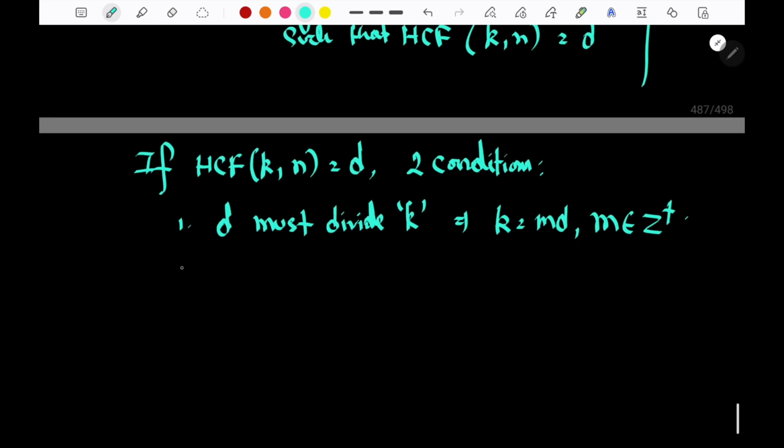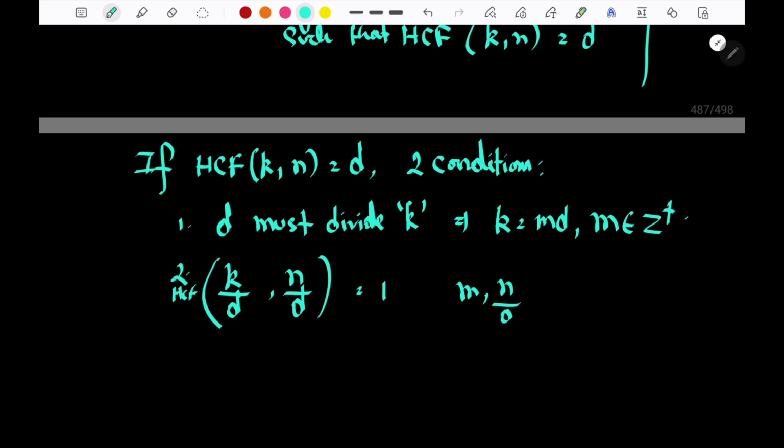True. Second, HCF of k by d and n by d must be 1. What is k by d? K by d is m. So m comma n by d must be co-prime. Superb.